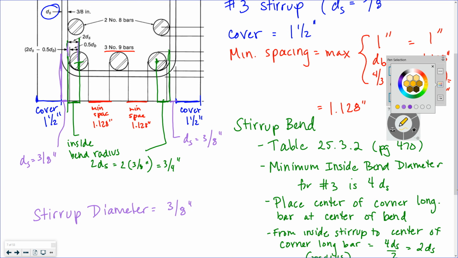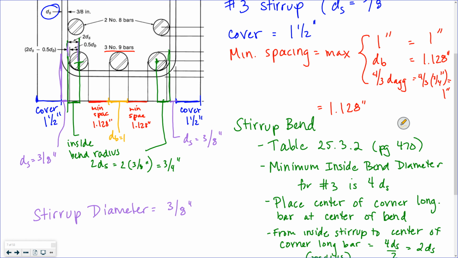And finally, this right here. This is a number 9 bar diameter, 1.128. This is actually, because this is the center to my outside, half a bar diameter.